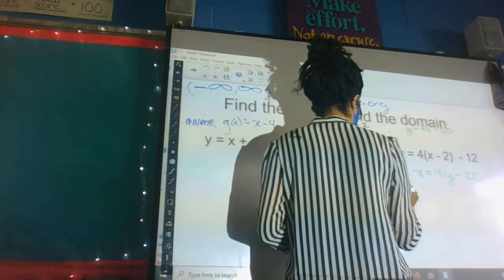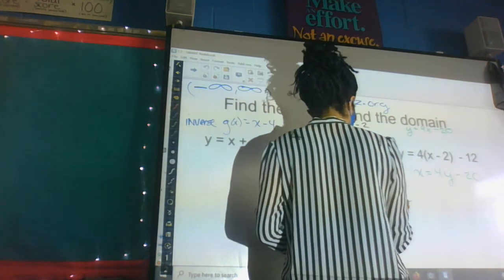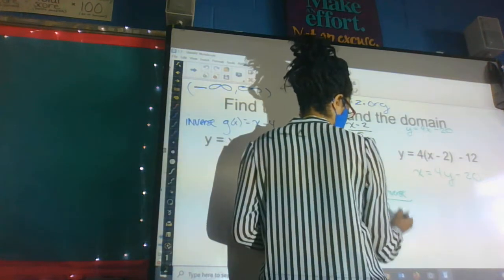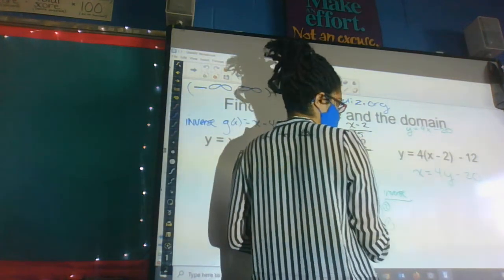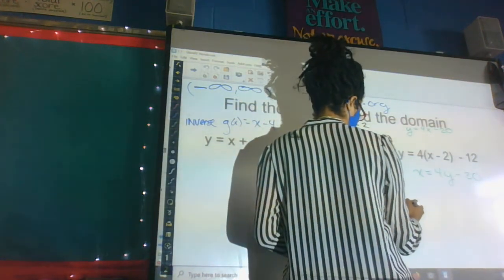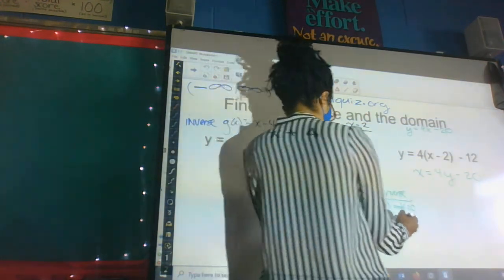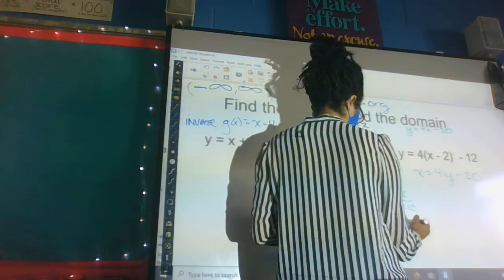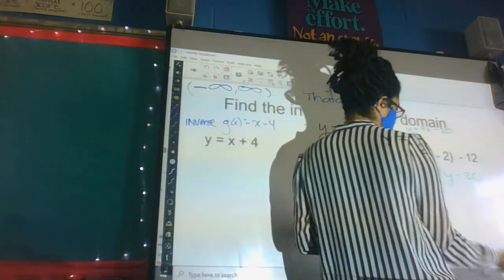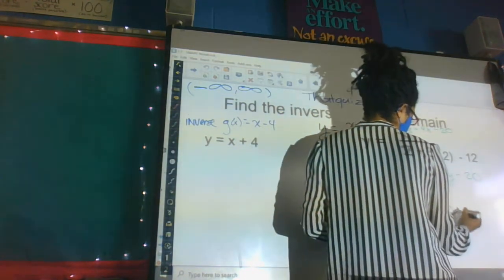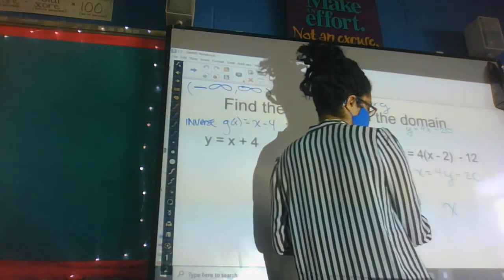So when I go to find the inverse, instead of subtract 20, I'm going to, instead of multiply by 4, I'm going to, so I'm going to apply my steps. Here's my x. I'm going to add 20.